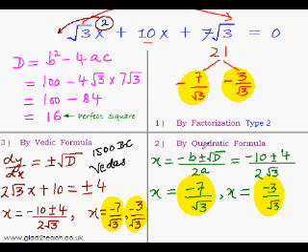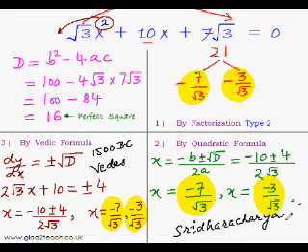And do you know who gave this formula? Yes, another great Indian mathematician. His name was Sridhar Acharya. He gave this formula in 1025 AD, in his book Bij Ganita.